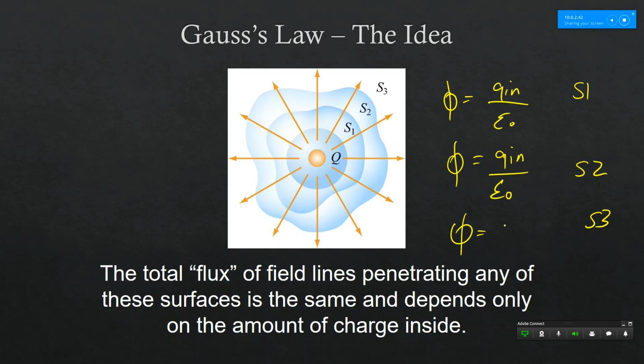The flux is always the same, and it's only proportional to the charge inside of it. Okay? As long as this surface is closed, that's the only requirement, right? So if and only if. Have you ever read this abbreviation before? This is if and only if. Okay? If and only if the Gaussian surface is a closed surface.